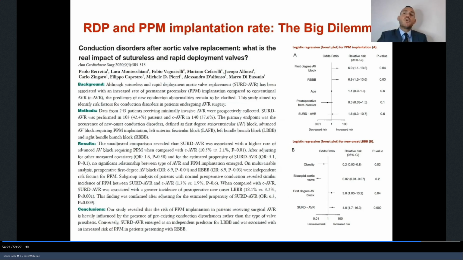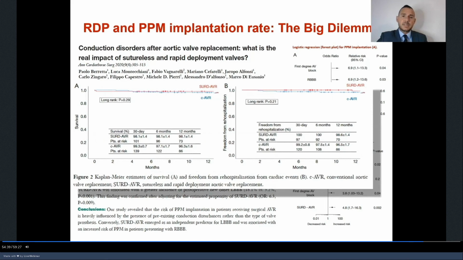That, of course, in the context of preoperative rhythm disturbances, like first degree AV block or right bundle branch block, might cause an increased rate of postoperative permanent pacemaker implantation.